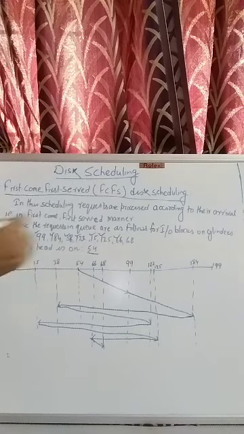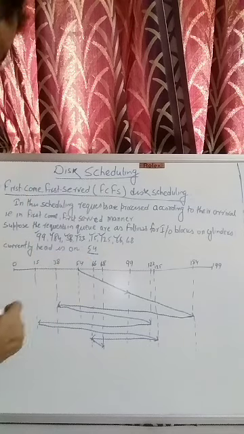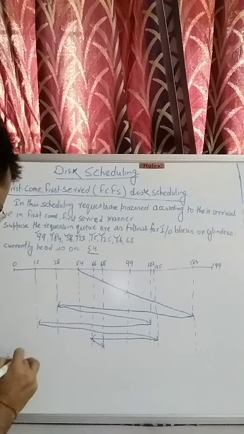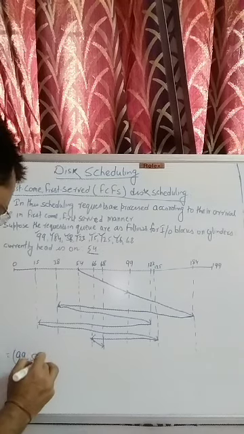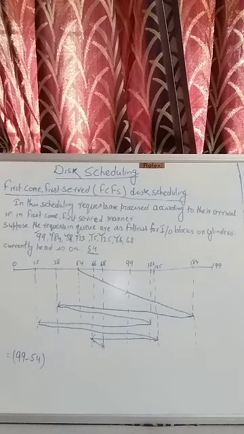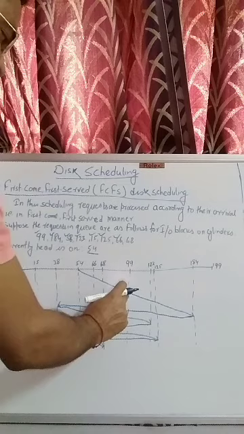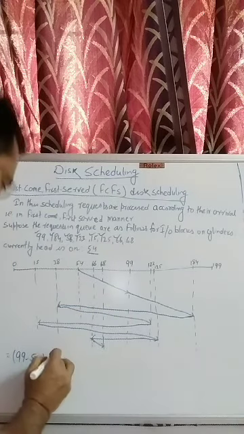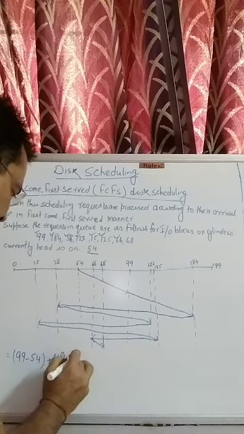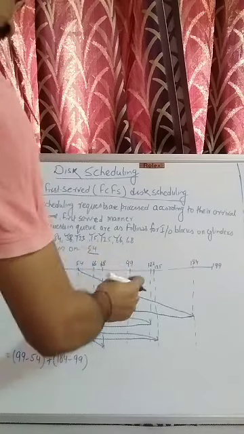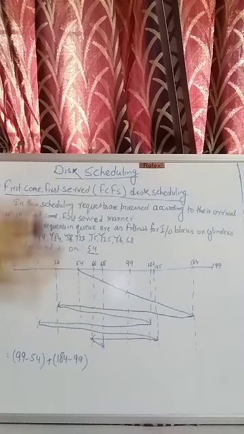So the head movement or displacement from starting 54 to 99, we can compute by subtracting 54 from 99. Then the next movement is from 99 to 184. So we have to subtract 184 minus 99 to compute the disk displacement or head movement.